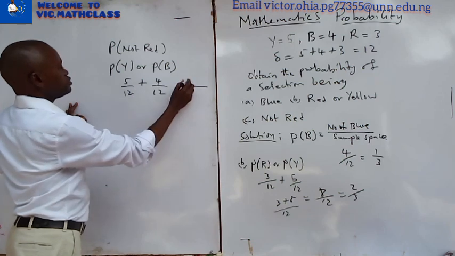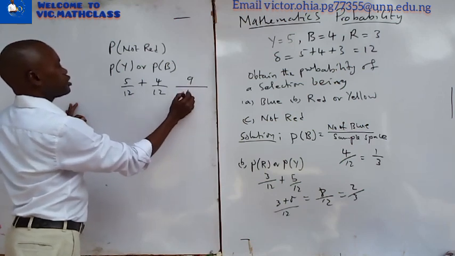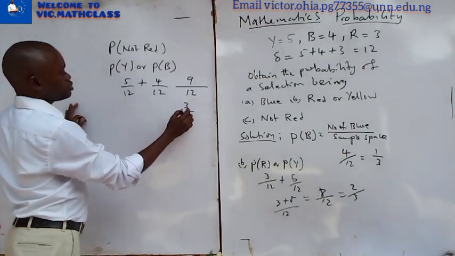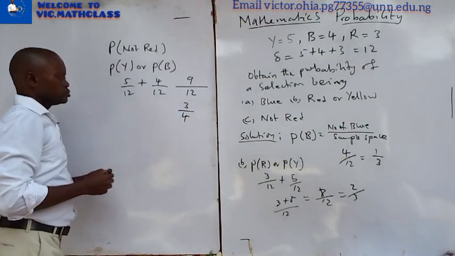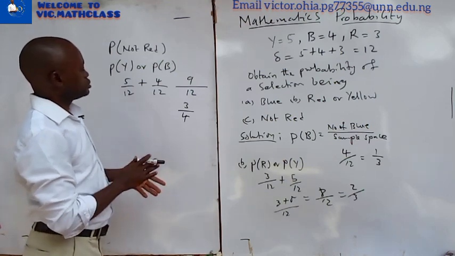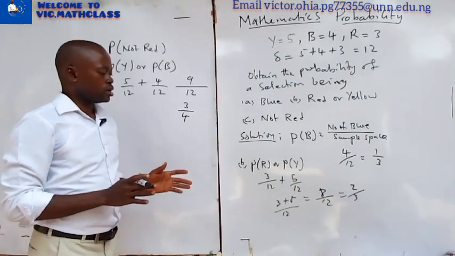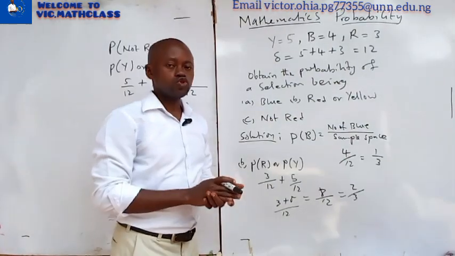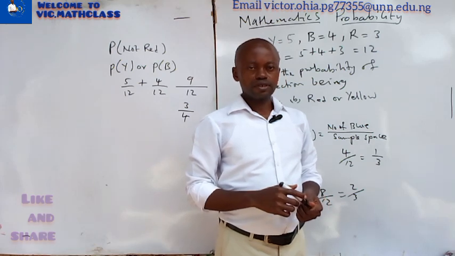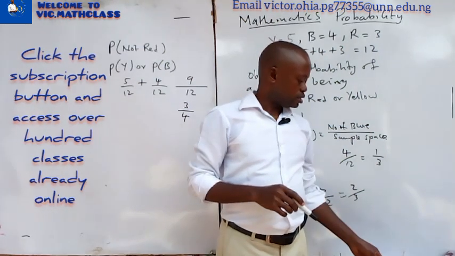So we have 9 over 12, and dividing by 3 gives 3 over 4. So that is that. This is just a practical demonstration around mutually exclusive events.